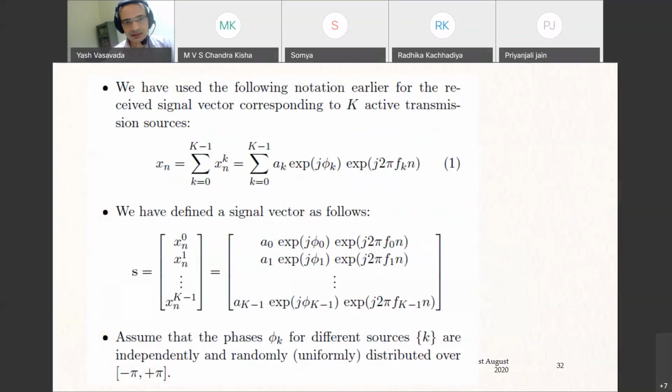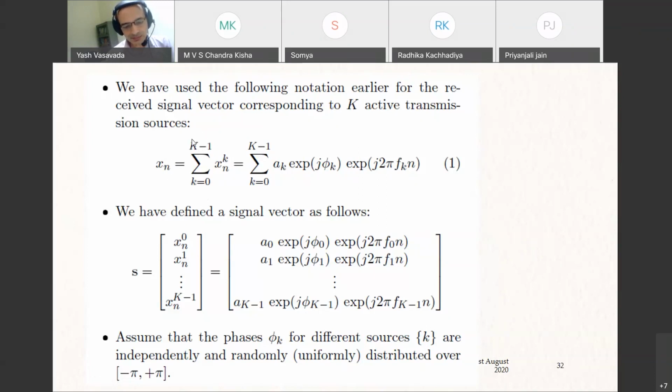So towards that, let us just do a quick recap. We have assumed that at the receiver, at the input to our FIR filter, the input to our receiver is a summation of capital K different transmitters.